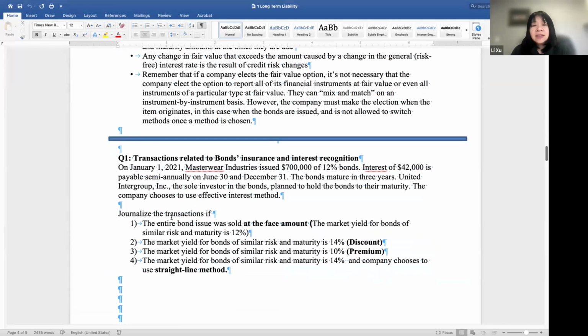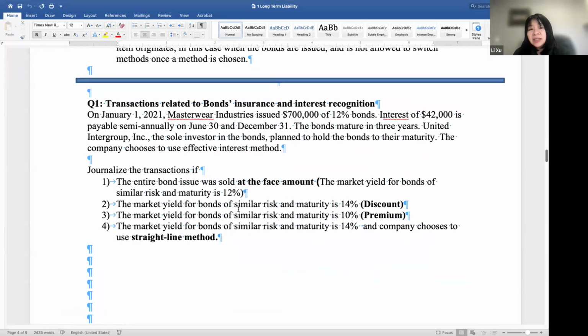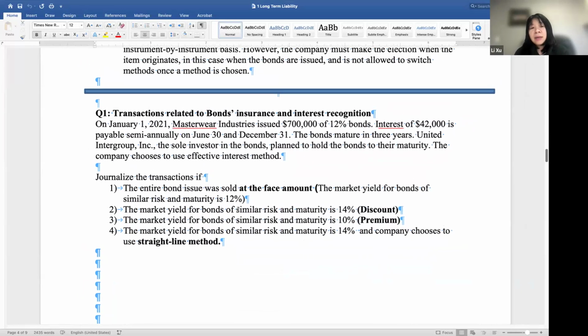Second, understand what is the stated rate and what is the market rate. If you look at question number 1, this will be a very typical question I'm going to test. It's not going to be exactly the same question, but I can have a similar question just like that, and I will not tell you the interest payment. Here I did tell you, but if I don't, you should be able to calculate your cash interest.